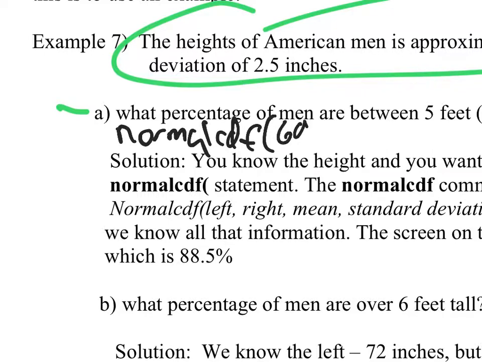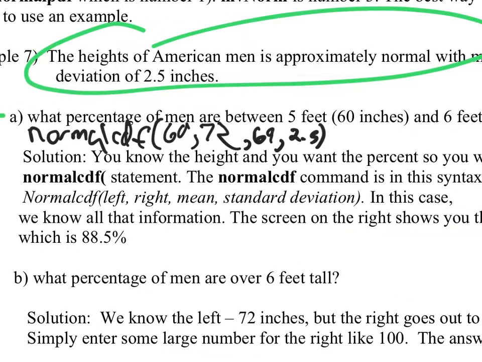And we're going all the way to 6 feet. How many inches is that? Since we're describing the normal curve with heights, I have to say comma, average was 69, comma, standard deviation is 2.5. And when I hit enter, magically we have the exact answer with not even any work.